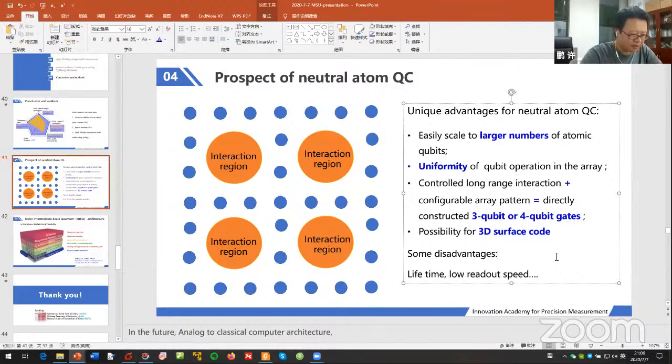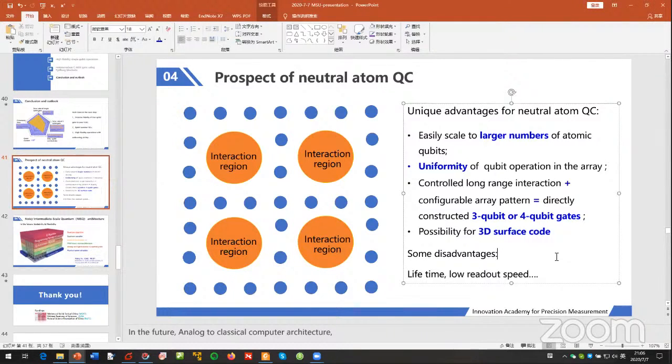I think this is really a unique advantage for neutral atom systems, because to my knowledge, the only possible platform to construct the 3D pattern is neutral atom systems, with dipole traps.